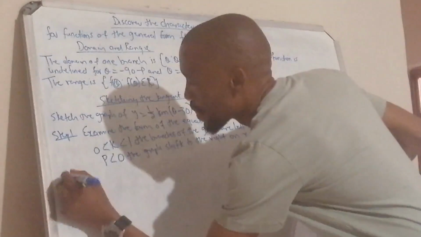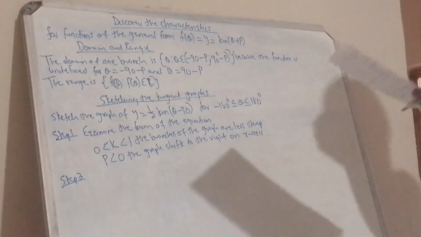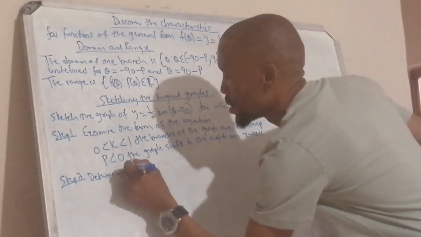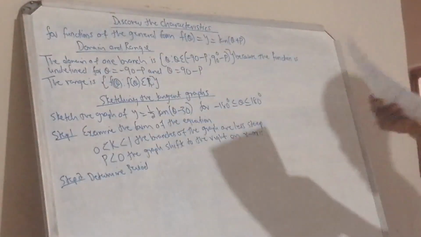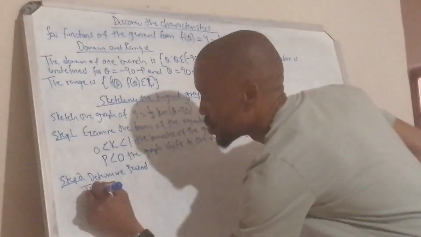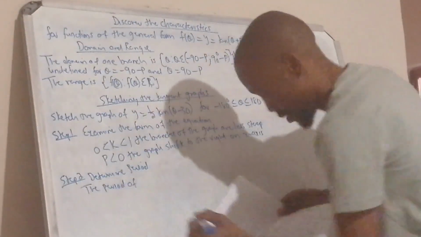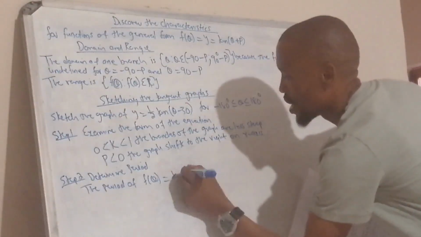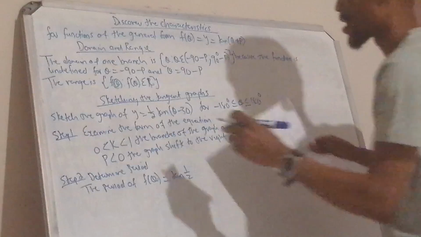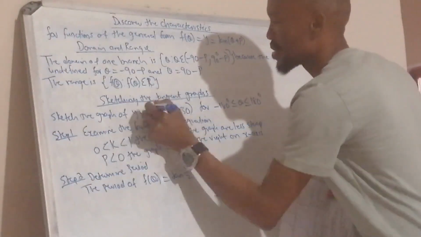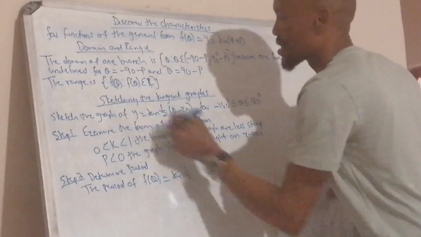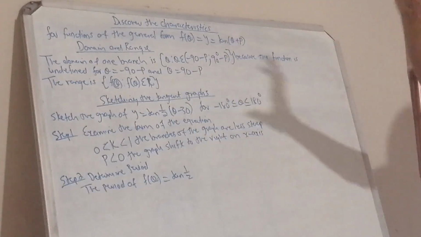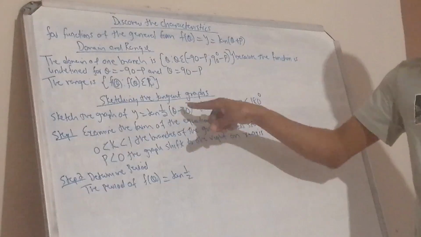Step 2: we determine the period. The period of f(theta) equals the tan of 1/2 theta minus 30.